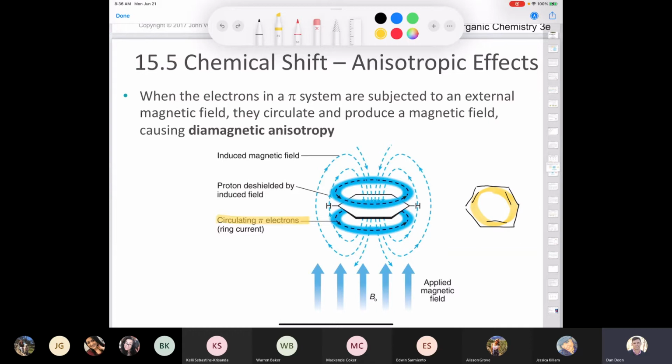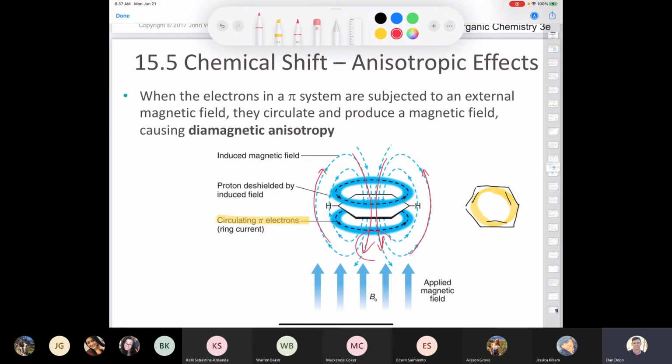Now notice carefully, follow the field lines. I'm going to use a red pen. Notice that they're going down in the inside of the ring, but they're going up on the outside of the ring. That's kind of interesting. So what that means is that the inside of the ring is going to be more shielded. Why?